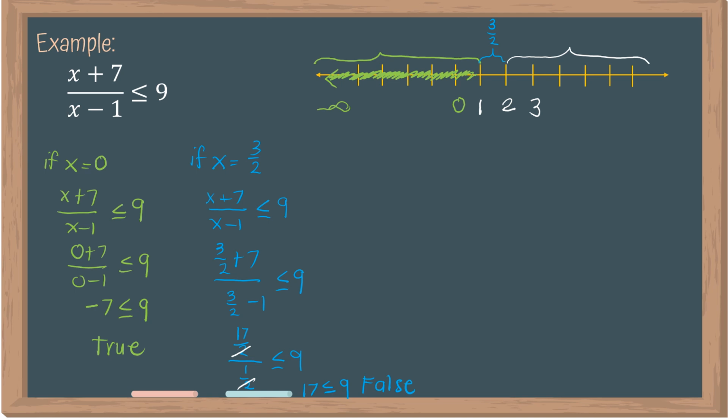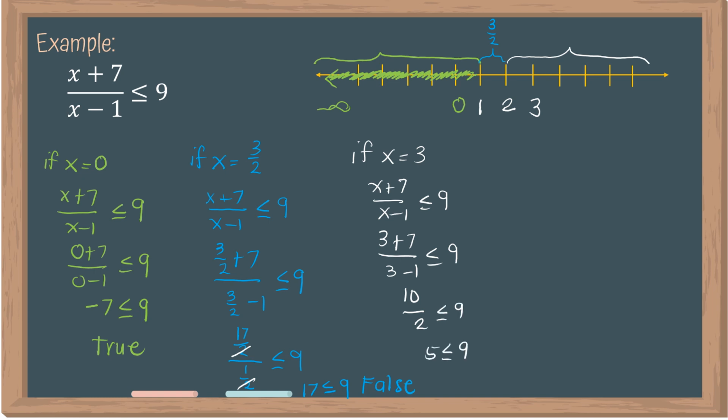And then, for the last test point, we have x equal to 3. So, let us get our original inequality. Again, we're going to substitute our test value, which is 3. So, (3 + 7)/(3 - 1) ≤ 9. 3 + 7 is 10 over 3 - 1 is 2, so is 5 less than or equal to 9?